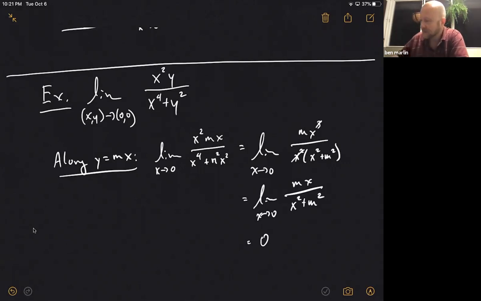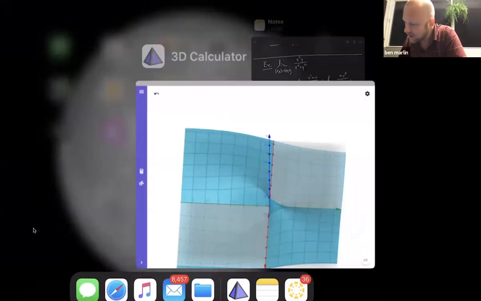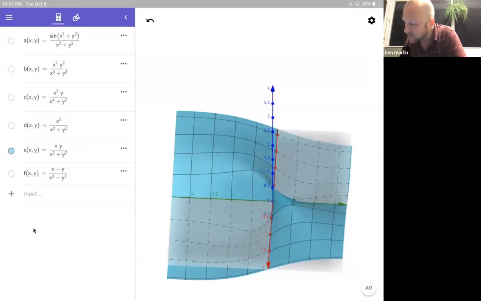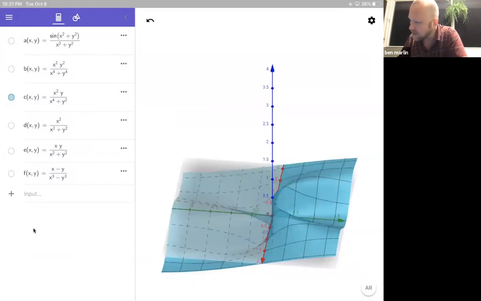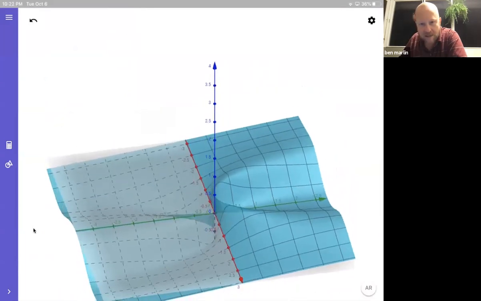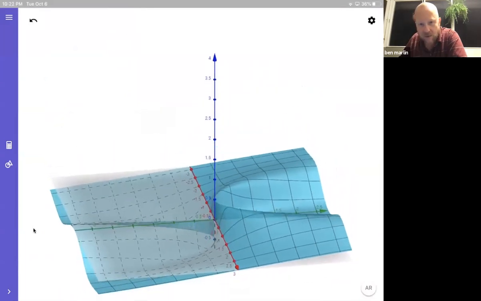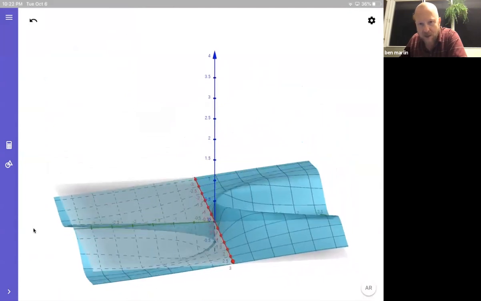But let's take a look at a graph for it. And which one was that? That was this one. Okay. So take a look at the weird thing that this does. If you look right there, can you see that kind of a cup shape that it's got?